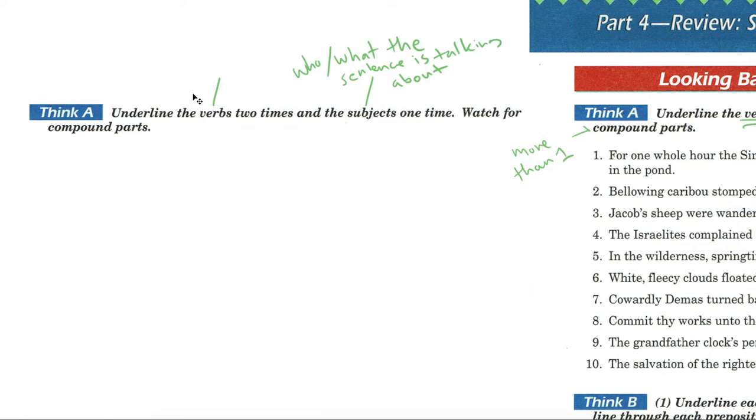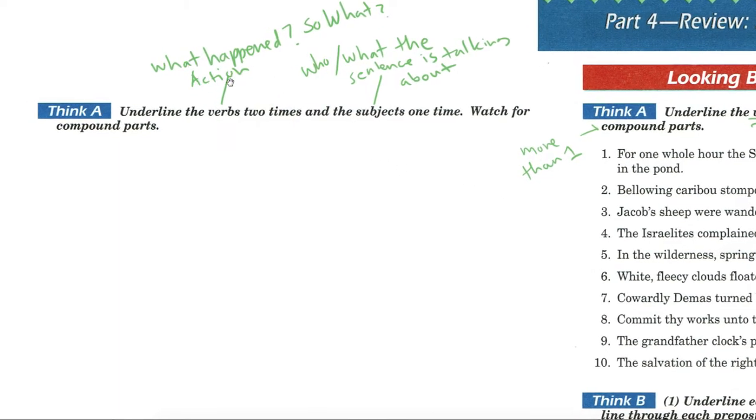Verbs are what happened, the action. A verb answers what happened. That's what a verb is. Usually they're action words. Let's go over some examples.